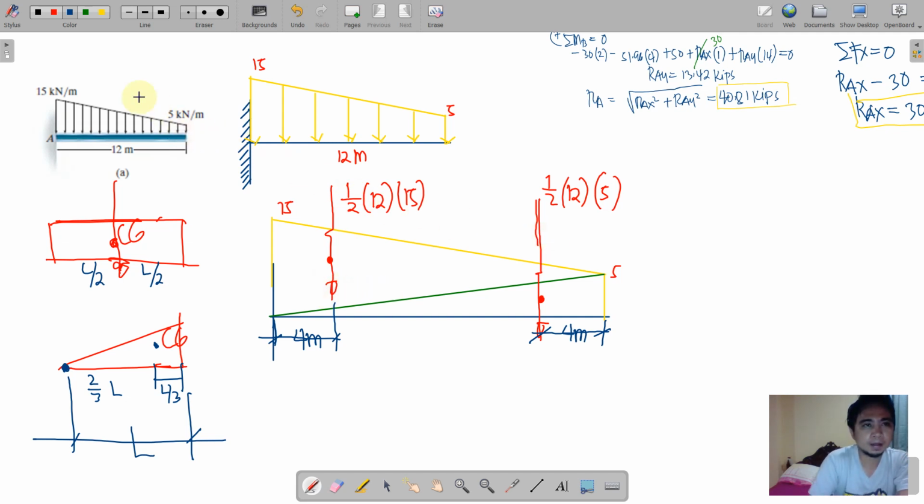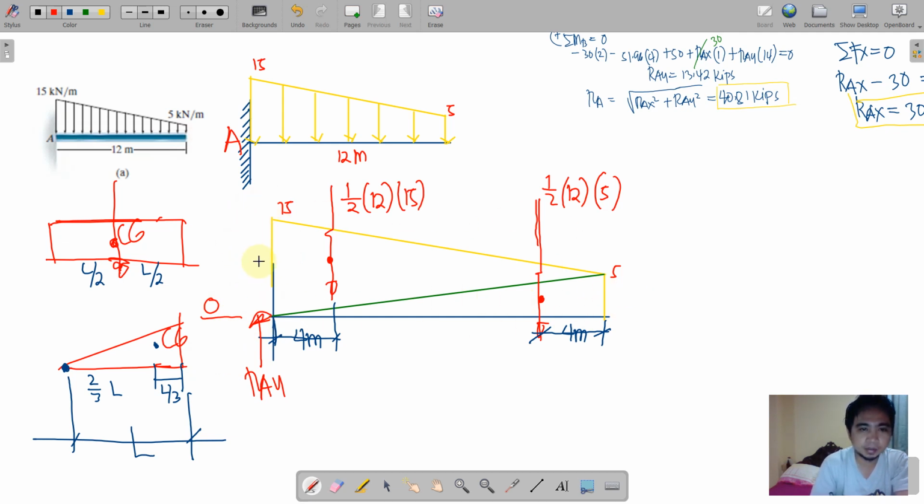Okay? So, moving on. Magkakaroon tayo dito ng vertical force. Say, if this is point A, then this will be RAY. And obviously, wala po tayong force ng horizontal kasi wala namang horizontal force dito.